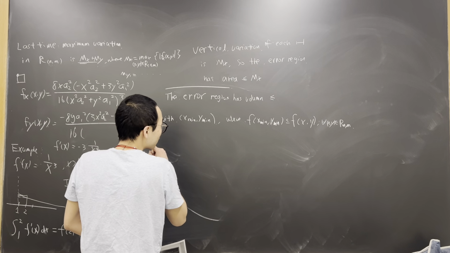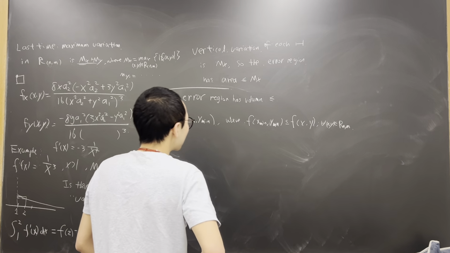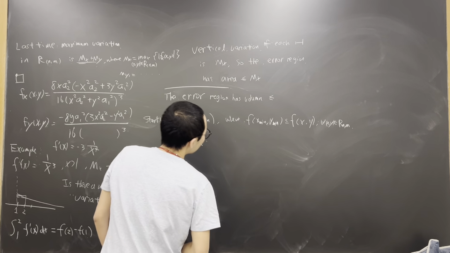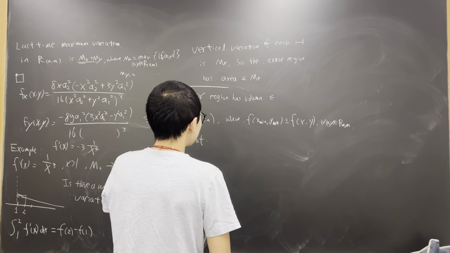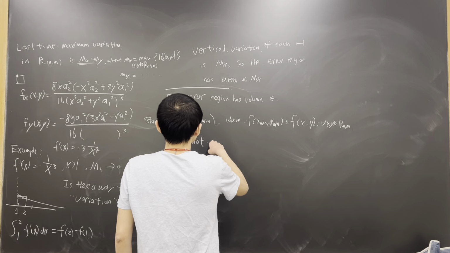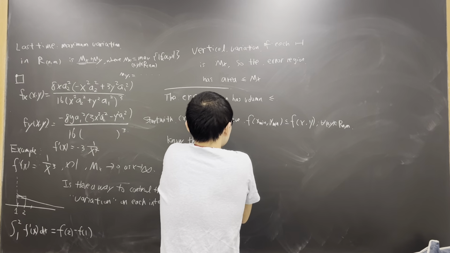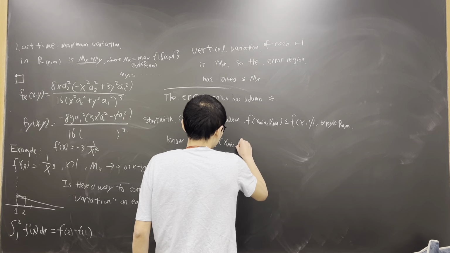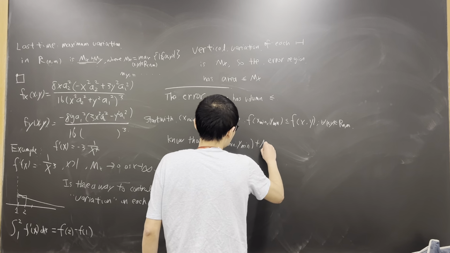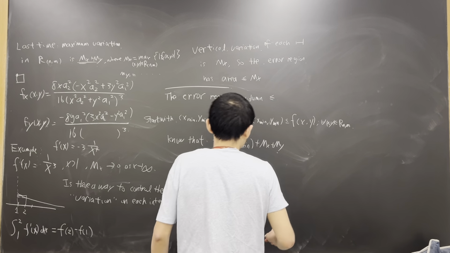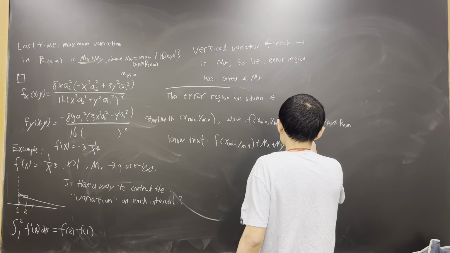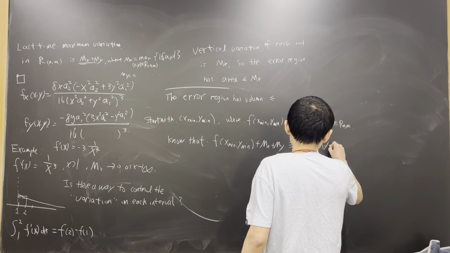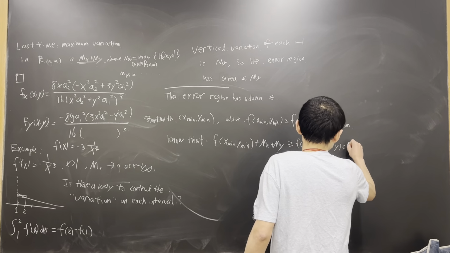And then, what do we know? Since the maximum increase is equal to this guy, we know that if I add this term, this term must be bigger than or equal to f of x y, for all x y.